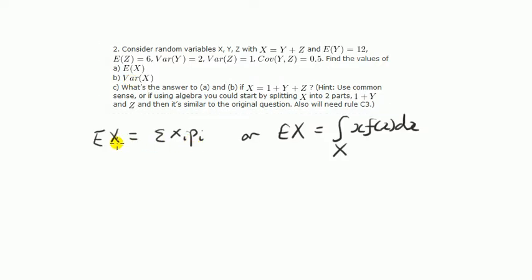By that I mean we can't go computing this expression if x is discrete, or this expression if x is continuous. We can though use the rules of the expectation operator because we're told about the expectations of the components y and z that make up x.